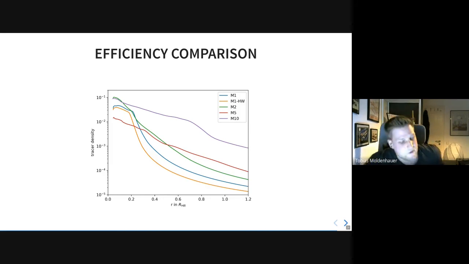But now the very interesting thing that happens is if we go from the green line to the red line, because then all of a sudden the tracer fluid concentration drops a lot, even though we increase the core mass from 2 Earth masses to 5 Earth masses. The reason for this is that from 2 Earth masses to 5 Earth masses, the atmosphere becomes turbulent.